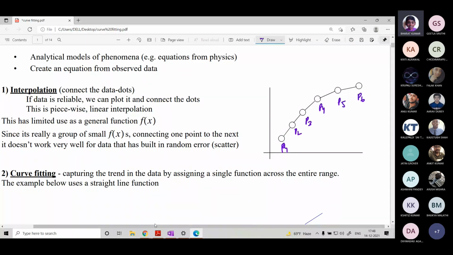These 6 data points are there. So if you try to interpolate, what you will do? You will try to find a 5th degree polynomial using Newton's divided difference formula or Lagrange interpolation formula or Newton's forward difference formula. You will get a 5th degree polynomial passing through them.